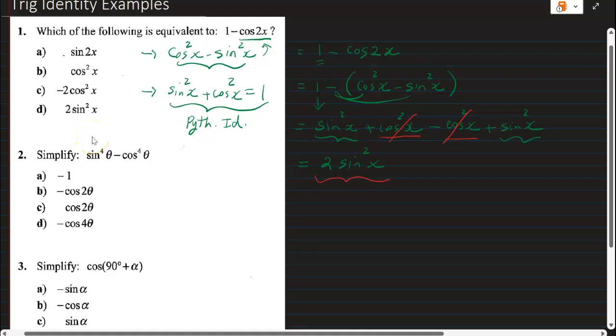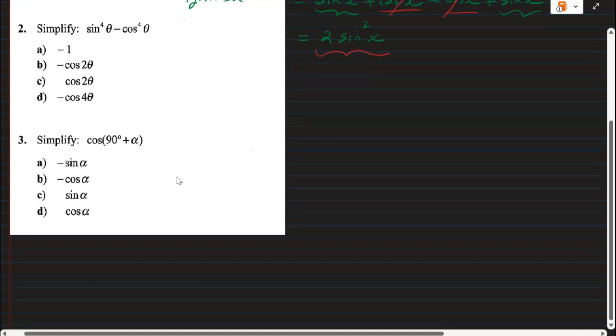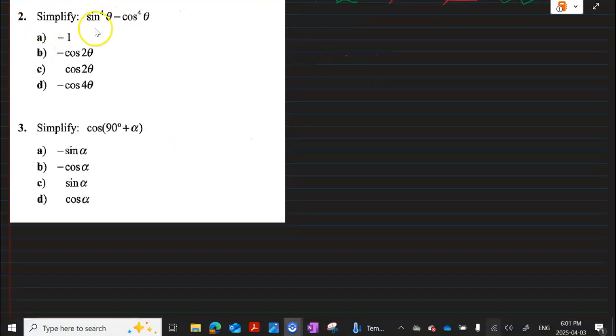All right, let's go through question number 2. It says sine to the fourth of theta minus cos to the fourth of theta. This is not a square or a cube, it's basically a quartic, but it's still an identity involving sine and cosine. The first thing you have to realize is that this is a difference of squares.